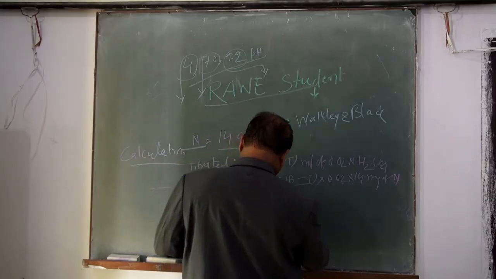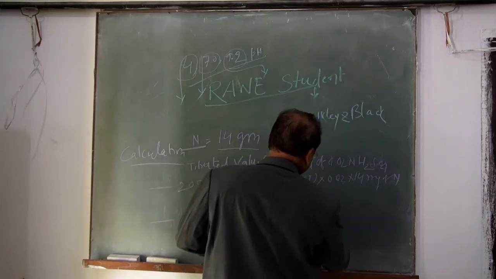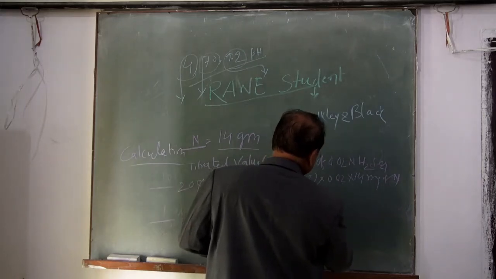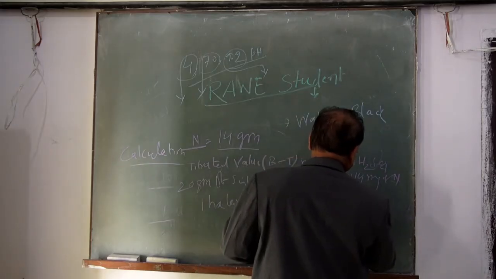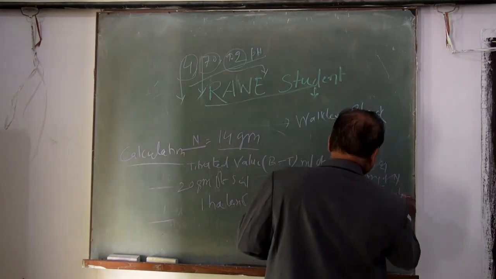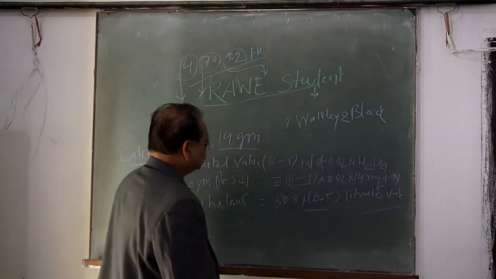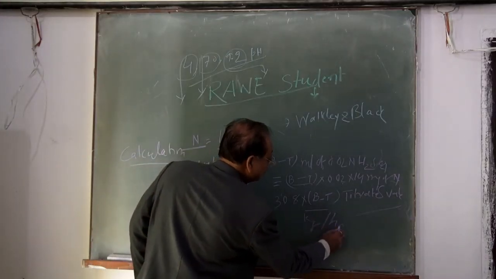30.8 into titrated value B minus T. This is called the titrated value. So it is in kg per hectare.